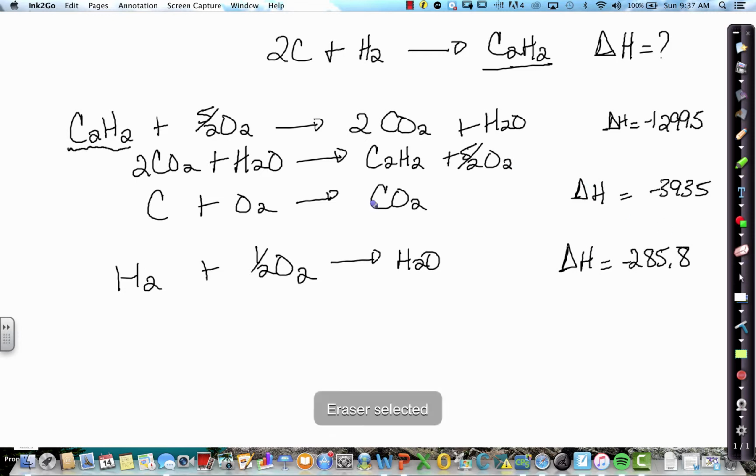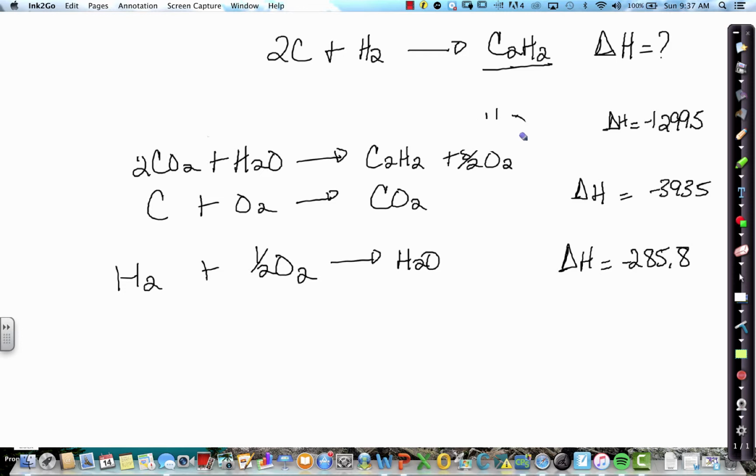Okay. So I flipped it here. So what this ultimately means is that with this, if I flipped it, I'm going to reverse the sign. It's negative here, so I'm going to make it positive now.